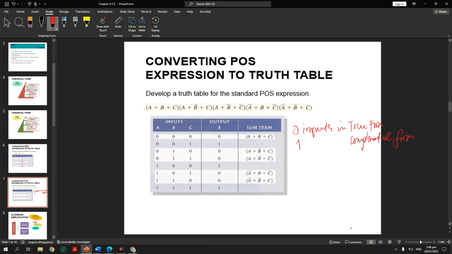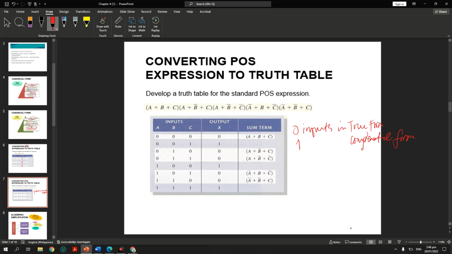So here, if you will notice, 0, 0, 0 is written as A plus B plus C. This is true form. And in the second expression, 0, 1, 0, the A is in true form, the B is written in complemented form because it is 1, and the C is also written in true form because it is 0.